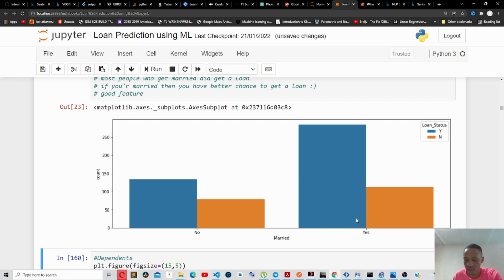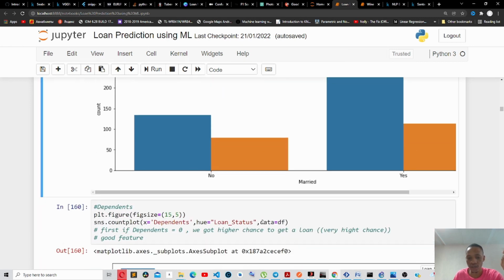From this graph, people who are married are more likely to get a loan than people who are not married, right? And also, we can see that people who are married are more likely not to get a loan than people who are not married. As you can see, if you compare this with this one, right?